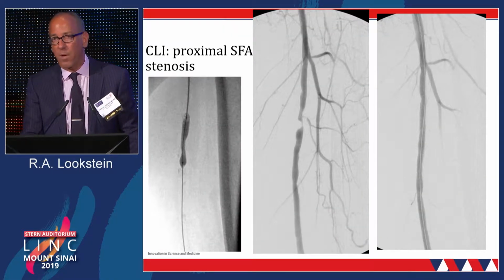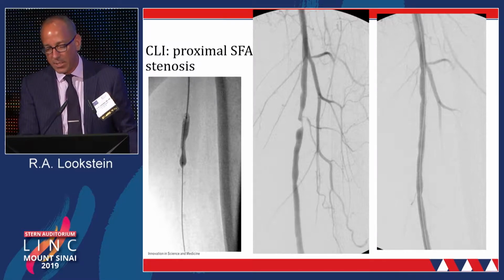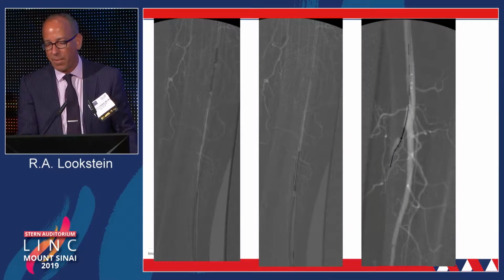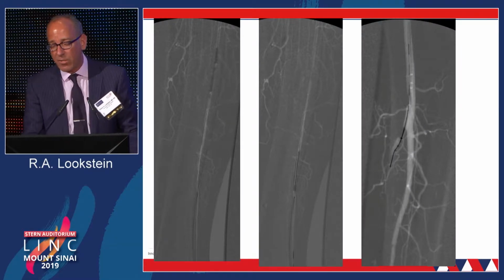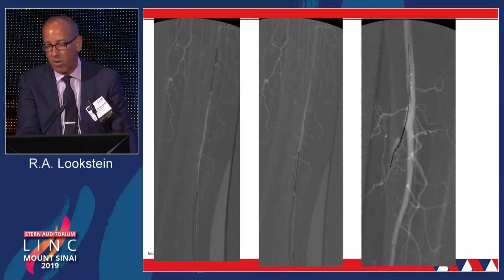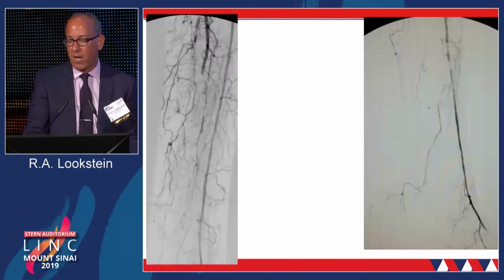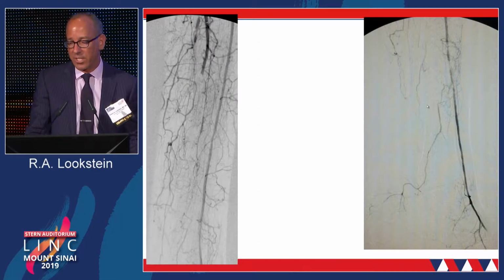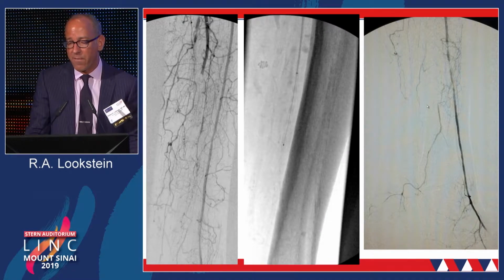So obviously the inflow here is the superficial femoral artery, which was successfully treated with balloon angioplasty and eventually drug-coated balloon angioplasty. And numerous attempts were actually made to get into the posterior tibial artery, but this was largely unsuccessful. After this, we said, well, if we can't get the direct, specifically posterior tibial artery revascularization, maybe we should choose a semi-indirect approach. And we decided to use a CTO device.